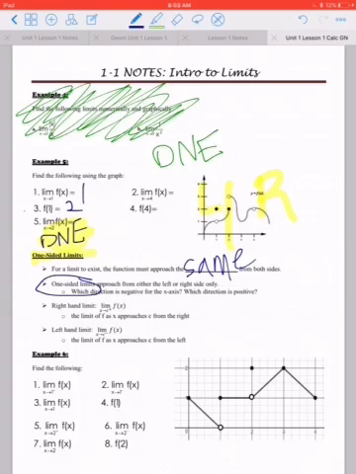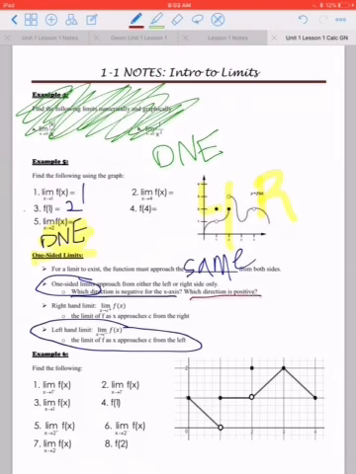Think about this: which direction is negative for the x-axis? That's left, so that's why a left-hand limit has a negative sign. And which direction is positive? As you're going to the right, you're getting positive. So a right-hand limit will have a positive next to its constant.